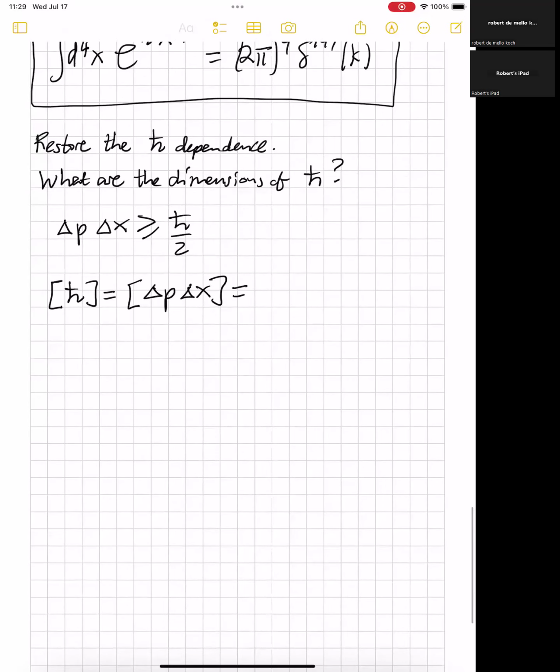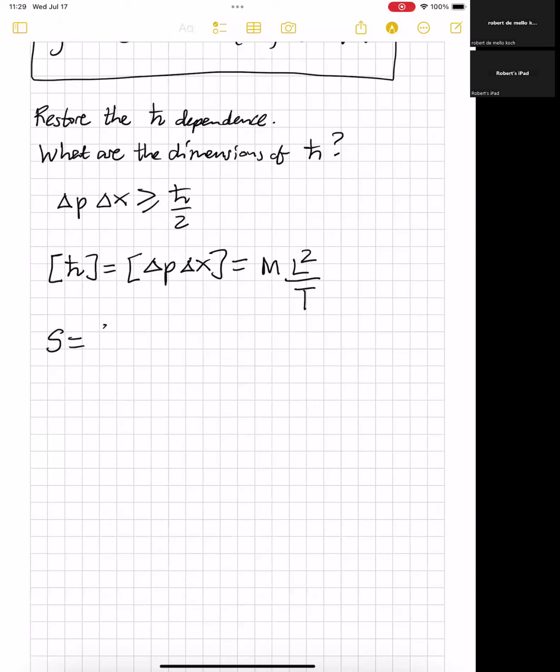Let me try to convince you of that in the simplest possible setting. Let's just take the action of a free particle. If there's a free particle, there's no potential energy, so the action is just given by the kinetic energy. To work out the dimension of the action, we've got a length, that's for the dt. We've got a mass m, and then the v squared gives us L over t squared.